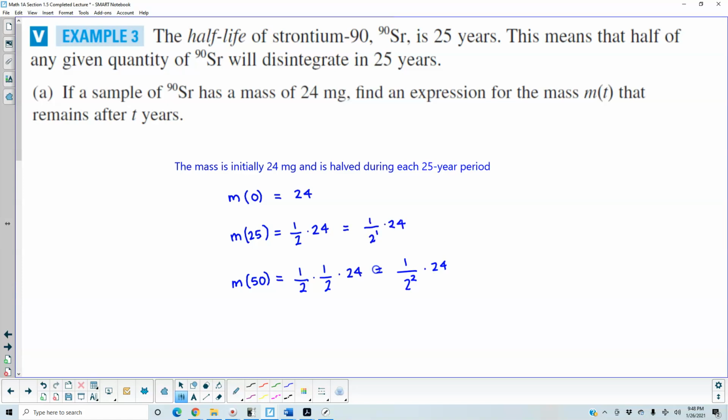Now, what if we go another 25 years? Well, adding 25 to 50 is going to give us 75. So that's 1/2 times 1/2 times 1/2 times 24. So now we're going to get 1/2 to the third power times 24.